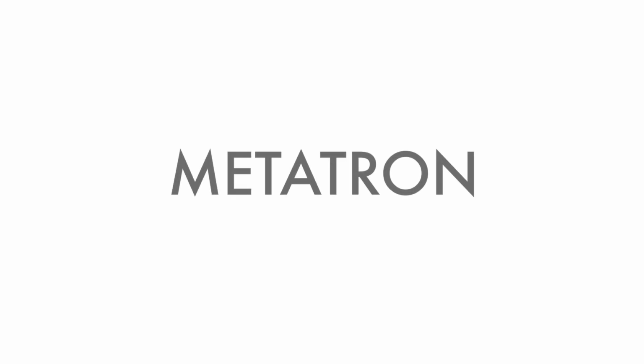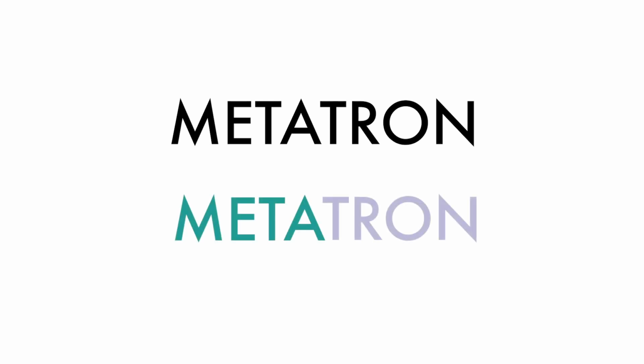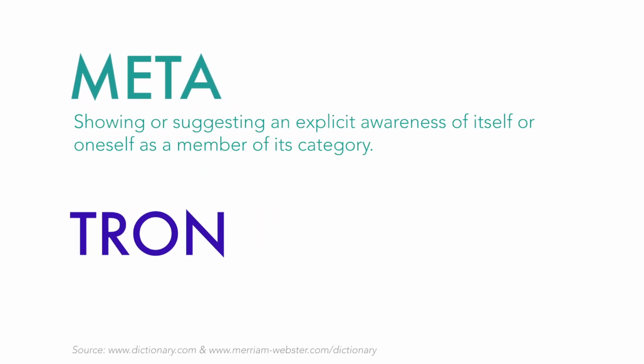And I'm going to break down the name Metatron here as well, because I noticed that the name Metatron can be broken down into two sections, Meta and Tron. The definition of meta means showing or suggesting an explicit awareness of itself or oneself as a member of its category.